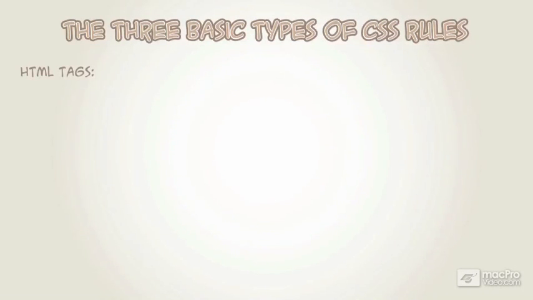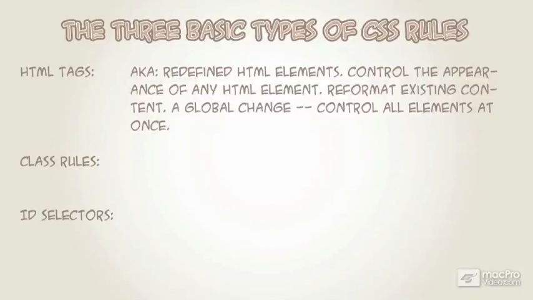We have HTML tags, we have class rules, and we have something that's referred to as ID selectors. So here's the difference between each of these 3 different types of selectors. First of all, HTML tags. They are also known as redefined HTML elements. So in the previous exercise, I used the example of a paragraph, or simply P, right?